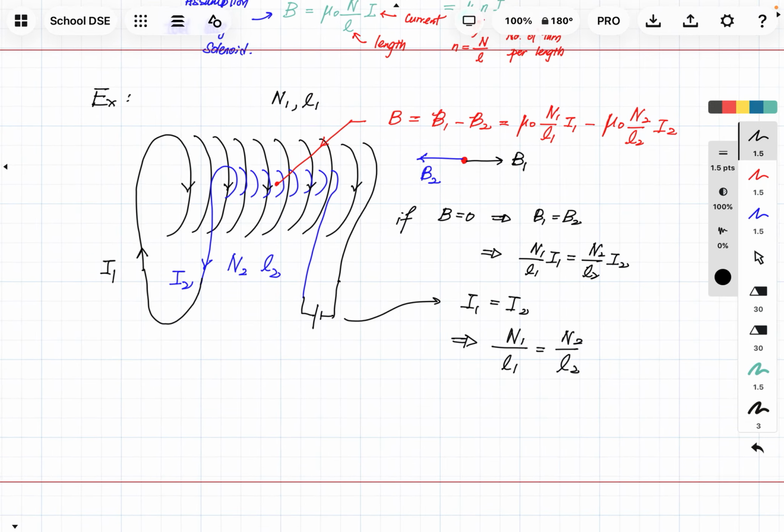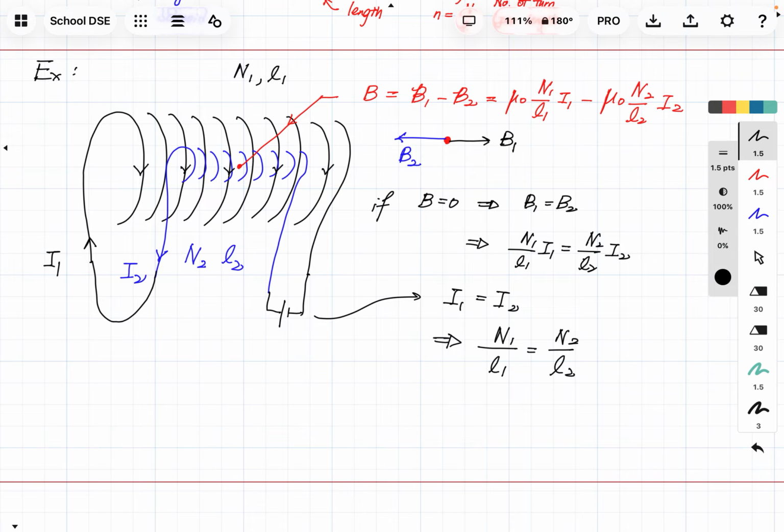So therefore it's pi R squared. And this is the magnetic flux linkage.